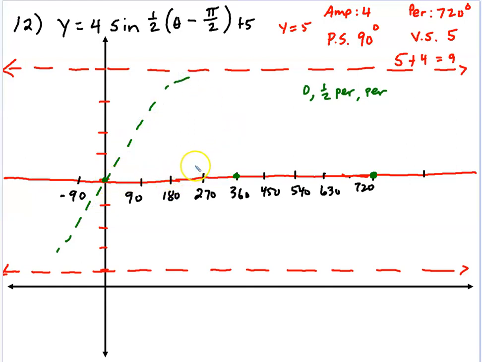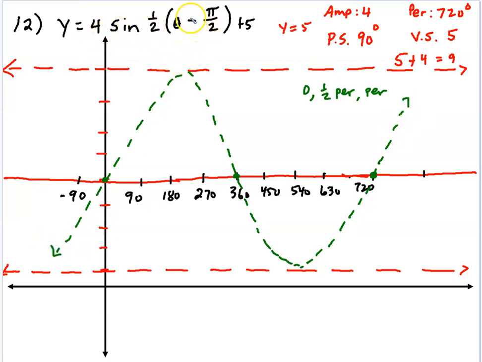halfway, really should be at 180. I'm off just a little bit. Okay, and then it would bottom out at 540, and then to 720, and that completes one period.